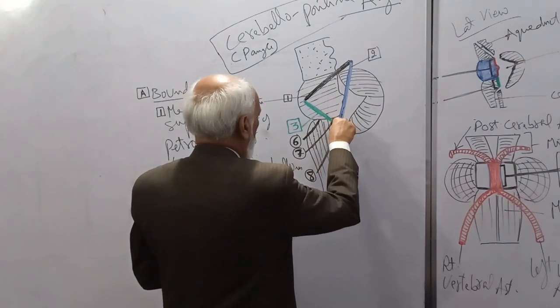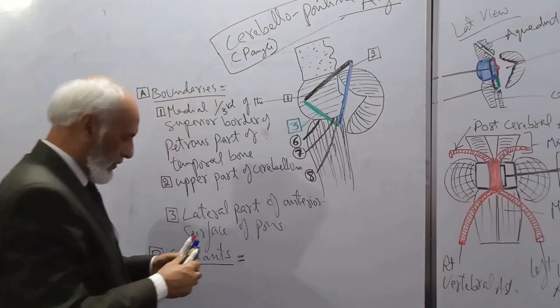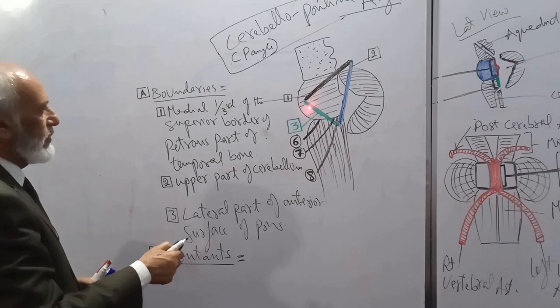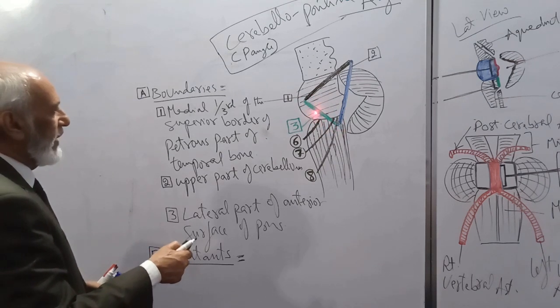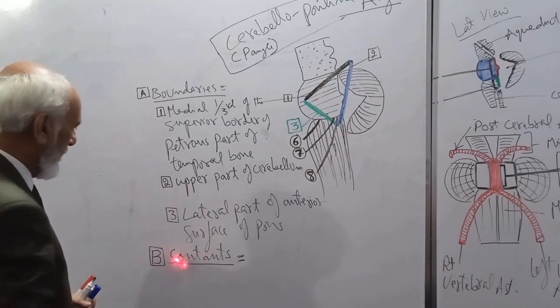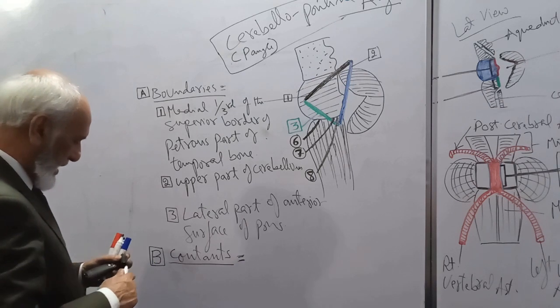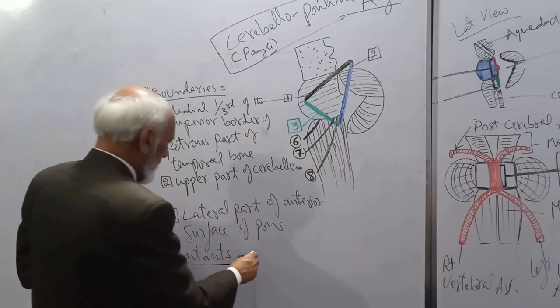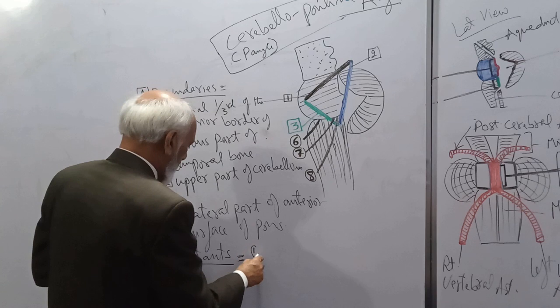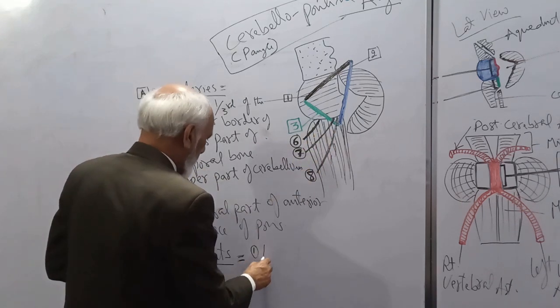Now can you see? This is the boundary, green one is the boundary of this angle. So can you see? 2 nerves are here. We are talking about the contents of this angle. What are the contents? Number 1 is the facial nerve.